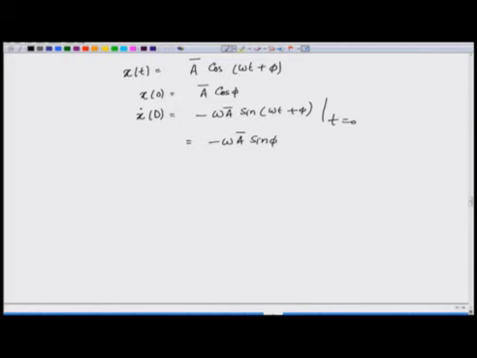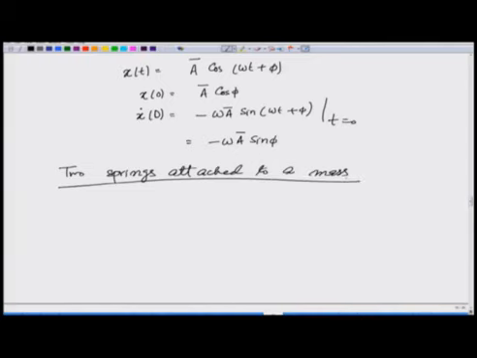The second problem I am going to take in this involves two springs attached to a mass.